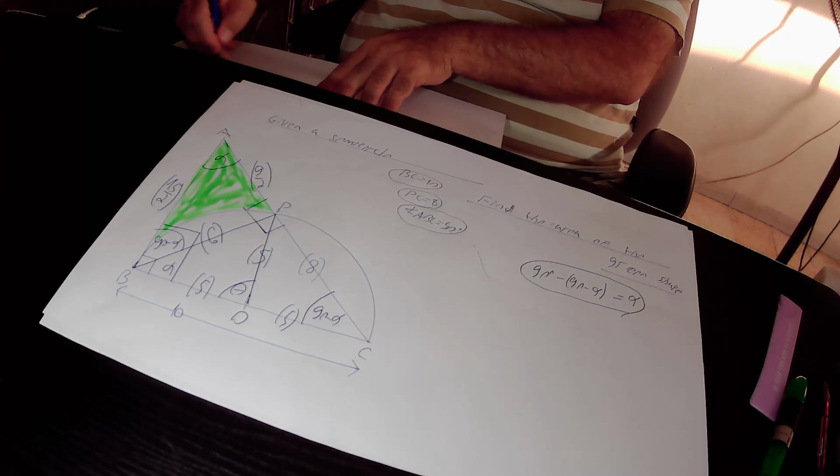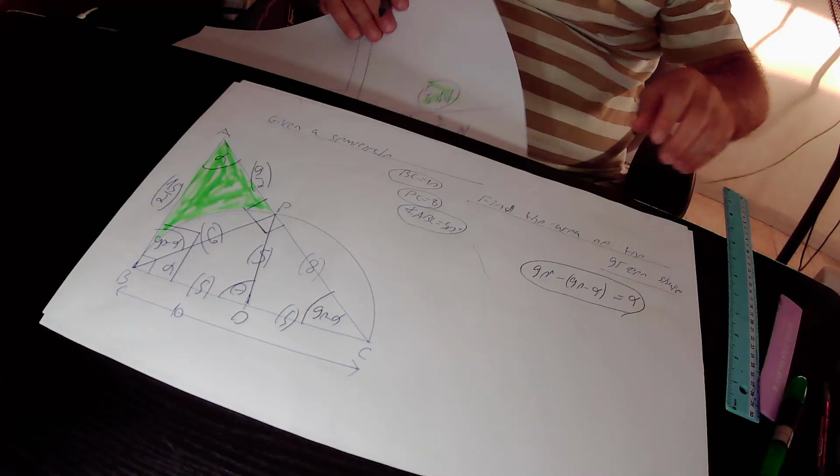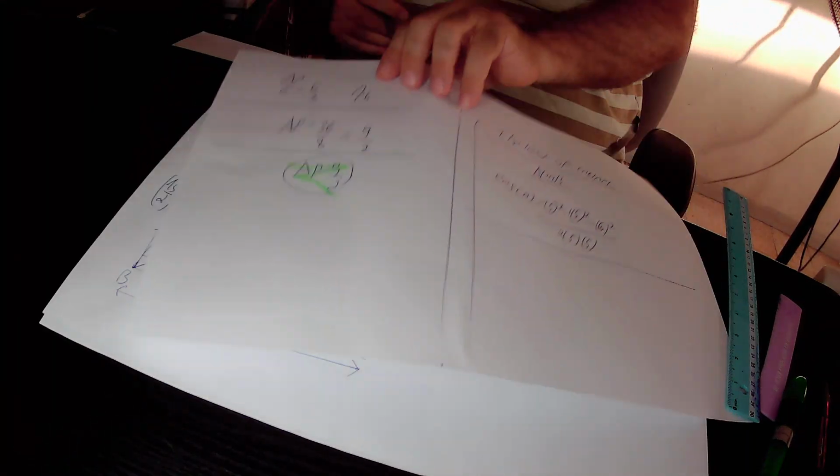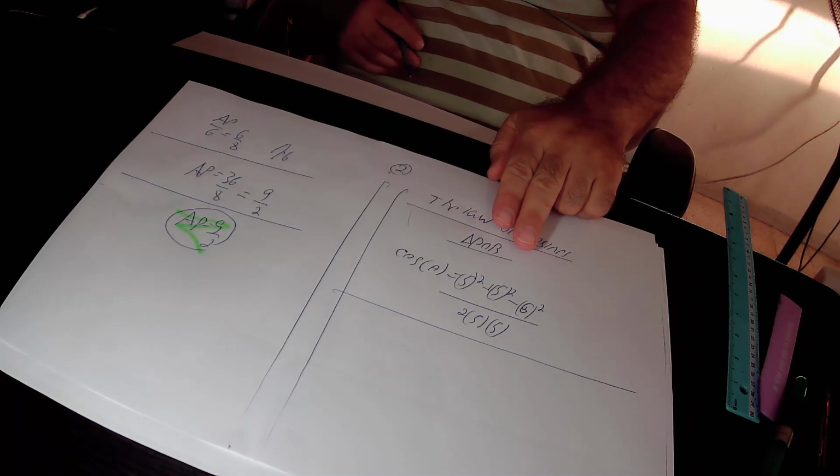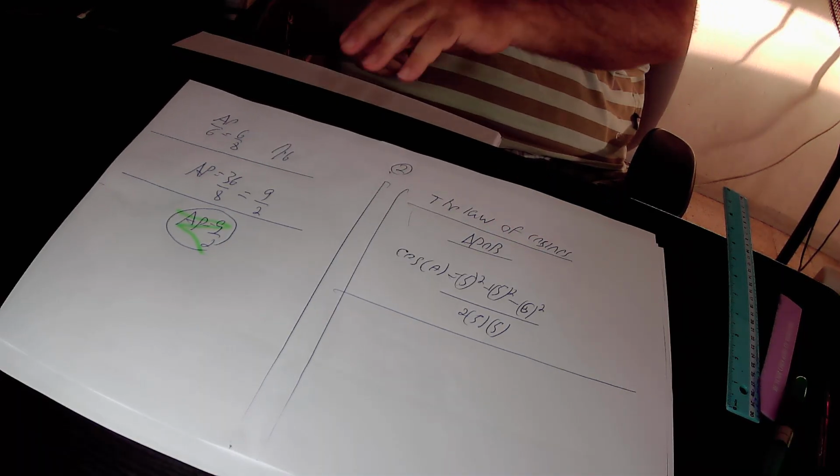Again, in triangle POB, according to the law of cosines, cosine theta equals 5 squared plus 5 squared minus 6 squared over 2 times 5 times 5.